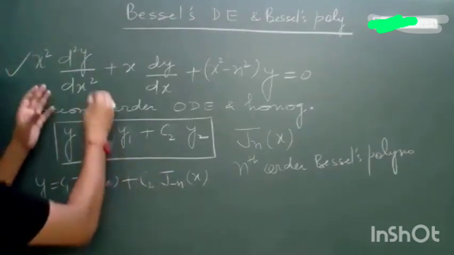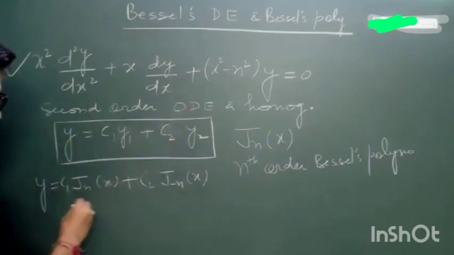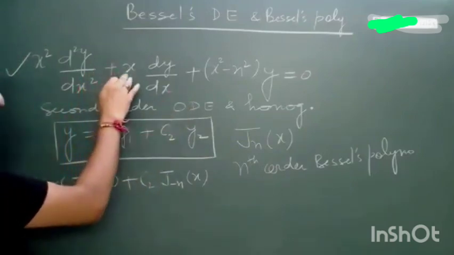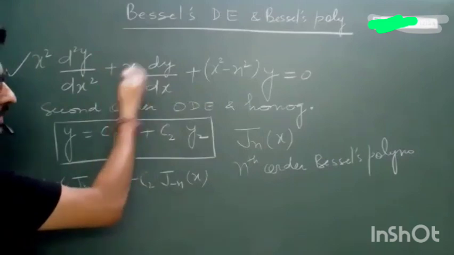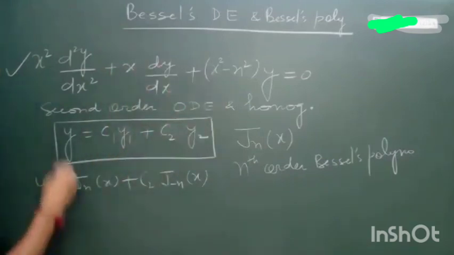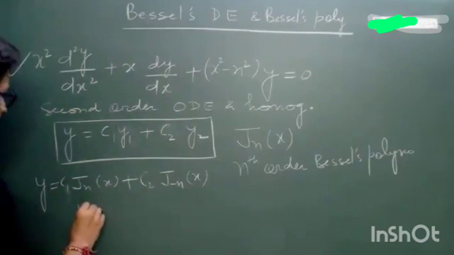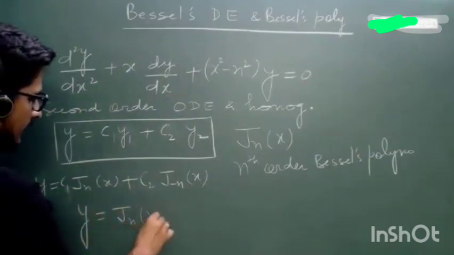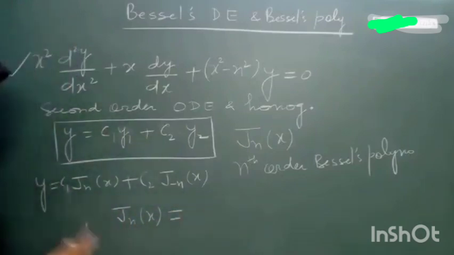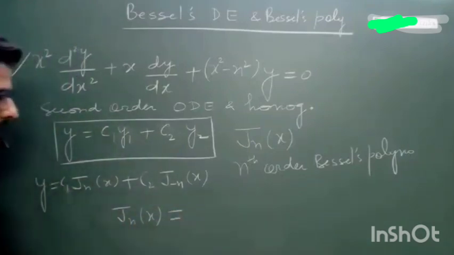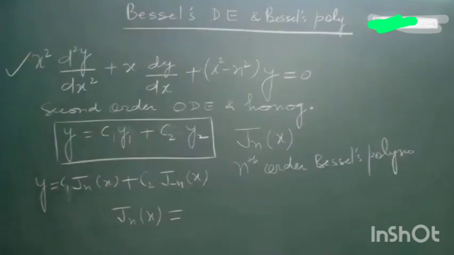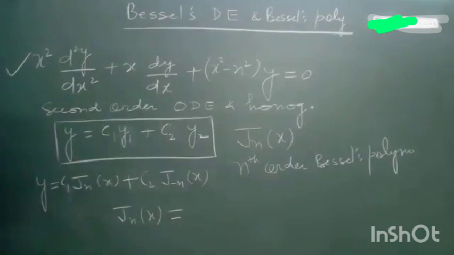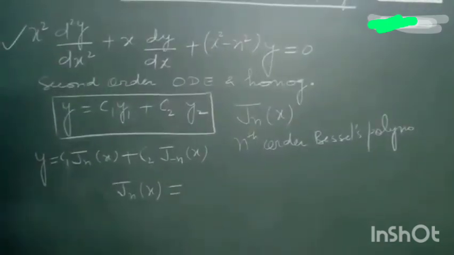When we solve this equation using the series, we consider that the solution is in the form of an infinite series and then we solve it. After that the solution Jn(x), the Bessel polynomial, is given by this. Note it down, everyone should remember it. And by remembering I mean that if you have seen it well, you will recognize it among the options.